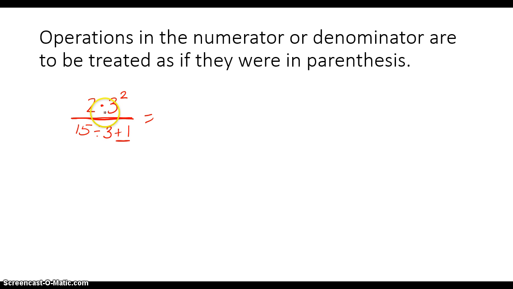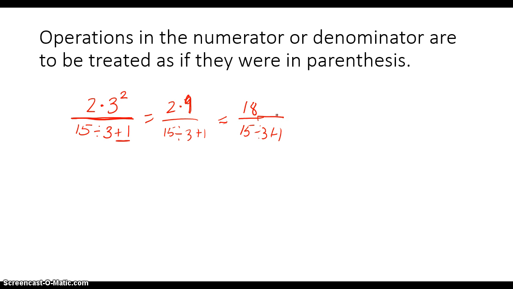So I would start by evaluating the numerator. I have to take care of the exponents first. So 3 squared is 9. So I have 2 times 9 over 15 divided by 3 plus 1. I have not completely evaluated my numerator, so I need to do that now. 2 times 9 is 18, and that's all over 15 divided by 3 plus 1.